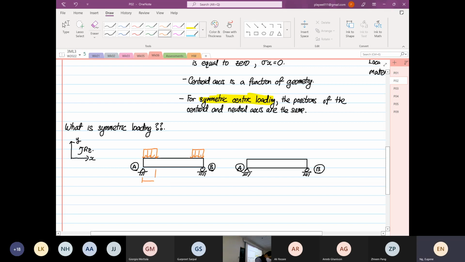The distance from here to here is a, and from here to here is a. That's condition number 1.